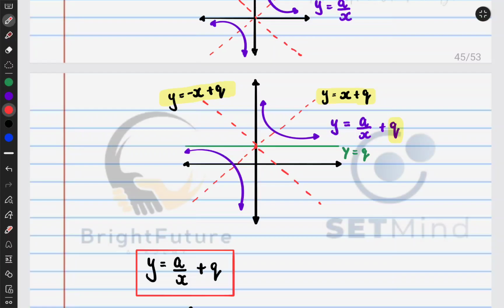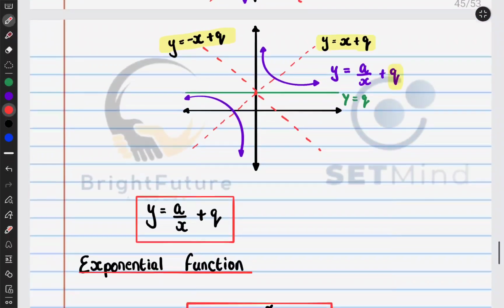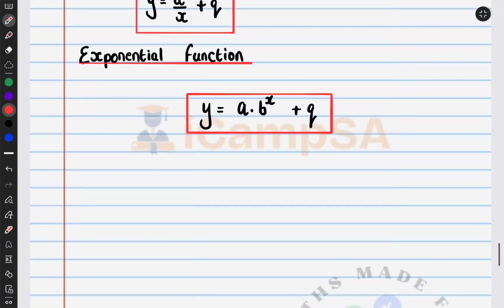And also the shape of the branches, but I think just saying it represents the vertical stretch also accounts for the shape, because the more the function is stretched, the shape would become wider and wider.